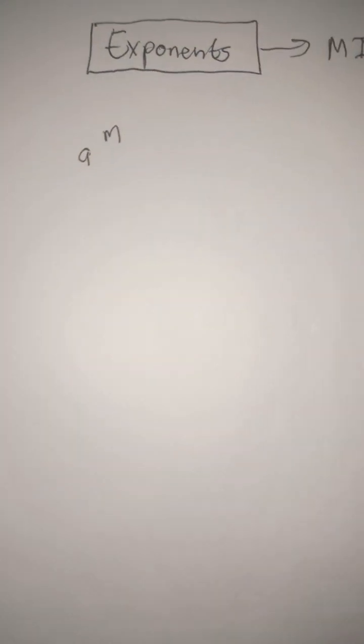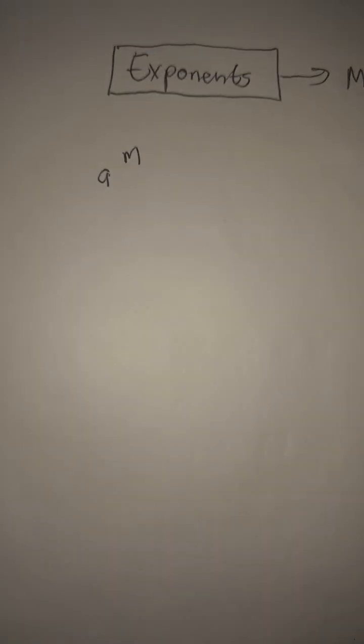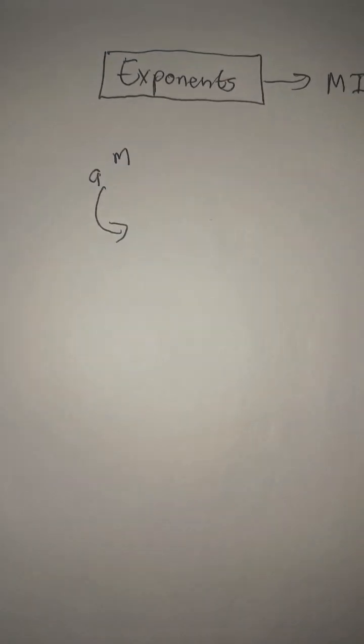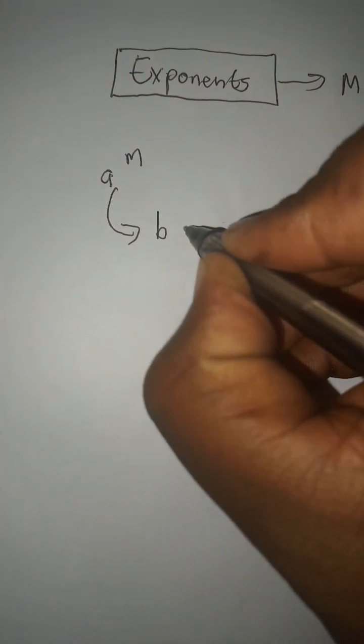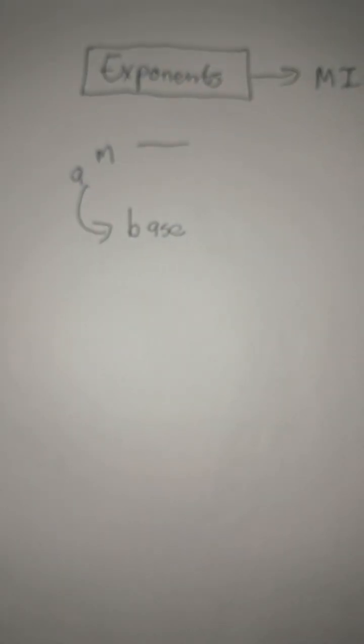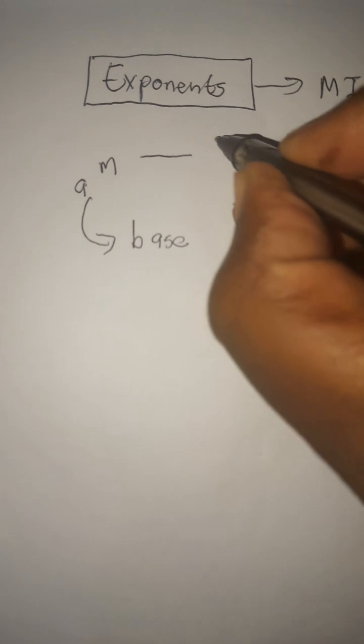Consider a to the power of m, right? So we are having a to the power of m. I want you to note this. This is what we call a base, and this is what we call an exponent.